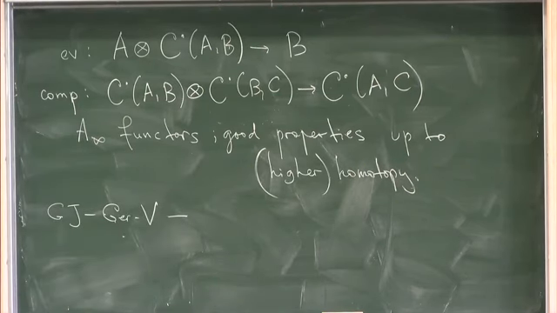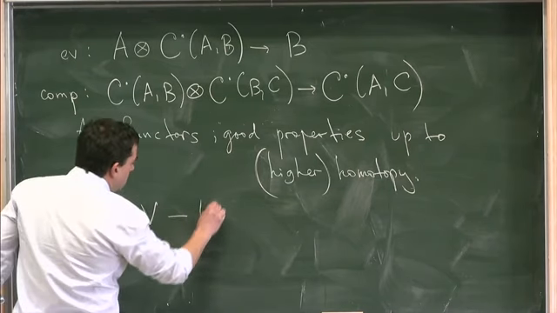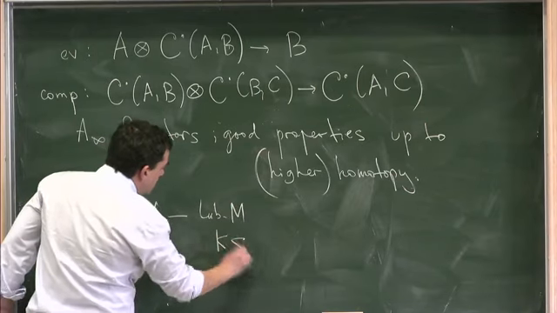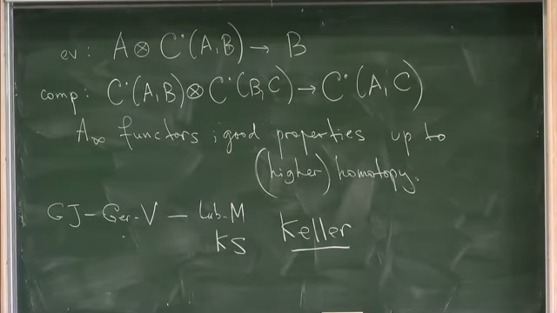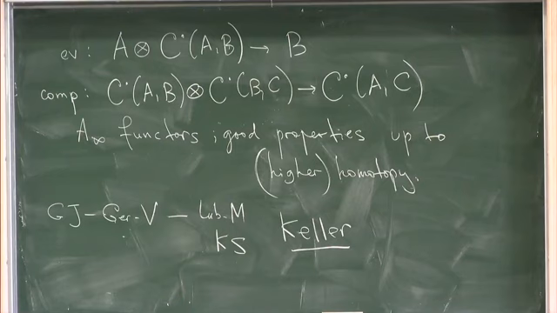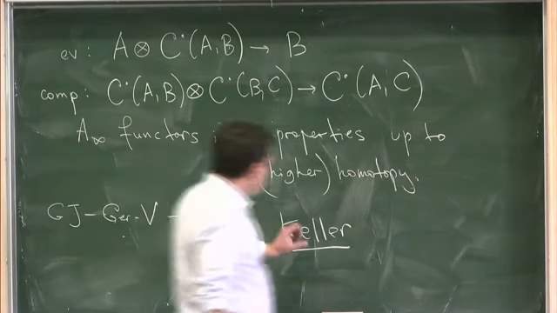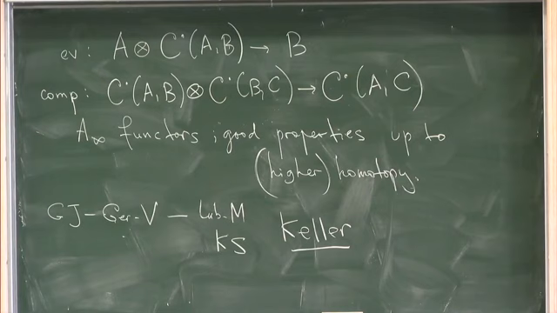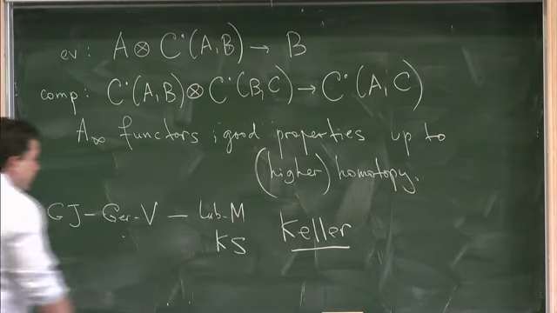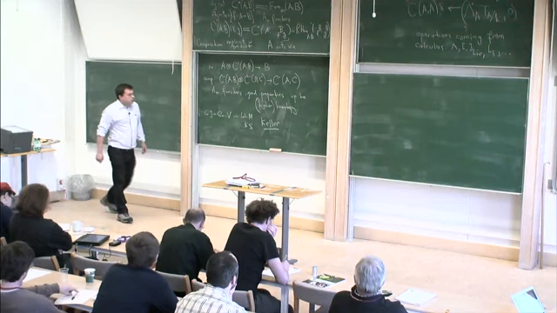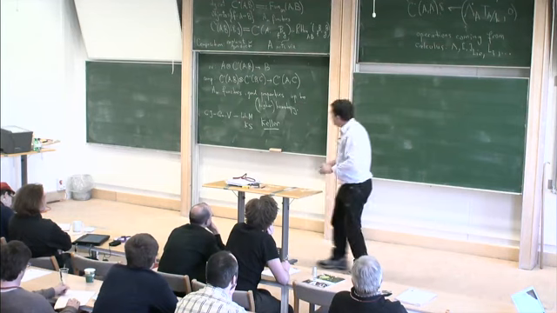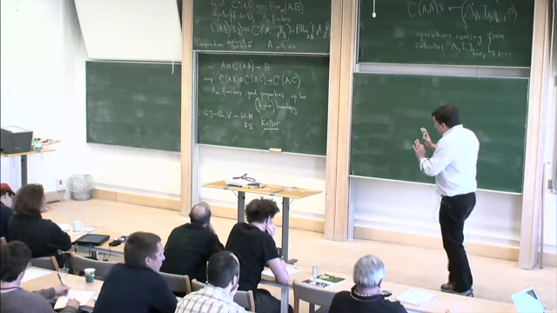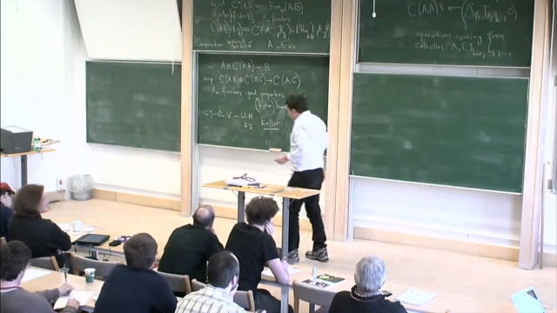And then also, I think, Lyubashenko, Manzyuk, and Kontsevich-Soibelman, and the presentation that I won't follow here much in detail, but Bernhard Keller has a good presentation and explanation of all this. But also in some other guises, I should mention other people like Bertrand Toën. Okay, so this is one piece of information.